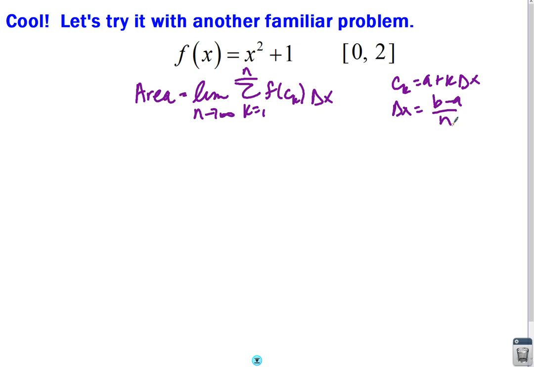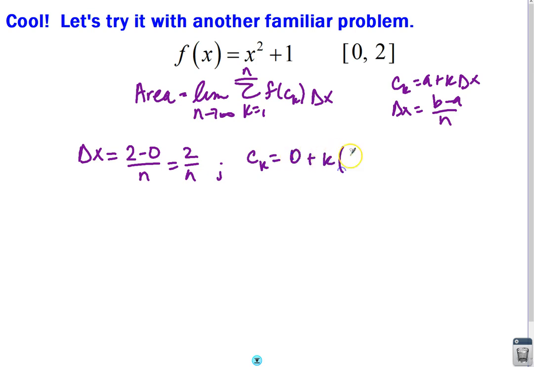First I'm going to find delta x. So 2 minus 0 over n, so 2 over n. c sub k is 0 plus k times 2 over n, so 2k over n. Now the limit as n approaches infinity. I'm going to shorten the number of steps here.